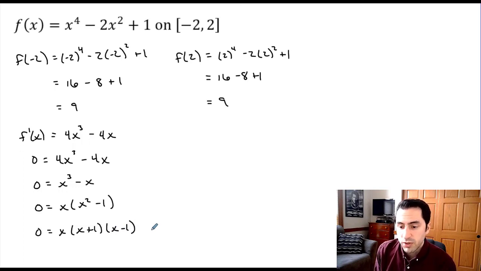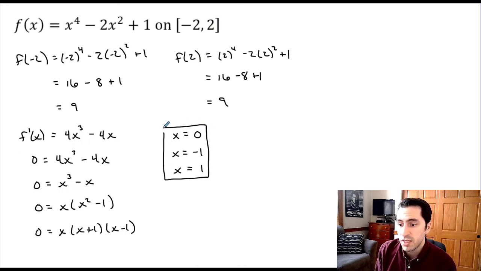So if I set each factor equal to 0, the three numbers where we're going to have a horizontal tangent line are at 0, -1, and +1. And now just double checking those. We want the interval from -2 to 2. All three of these numbers are within that interval. So that means that these are all the possibilities for the number c, which Rolle's theorem is going to guarantee.